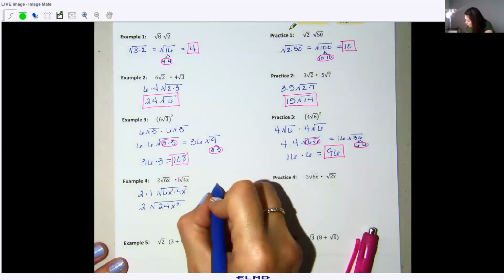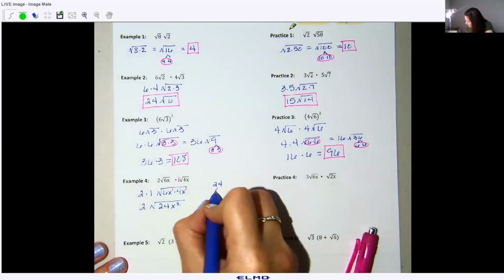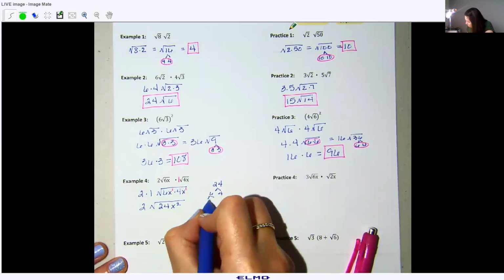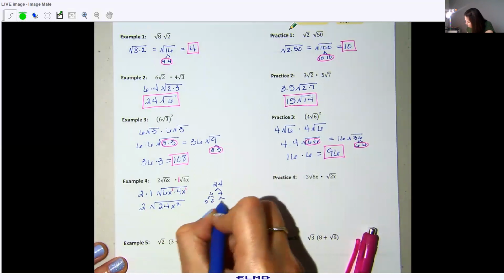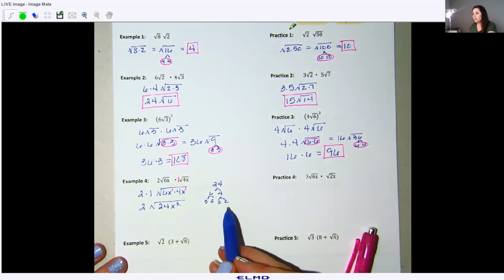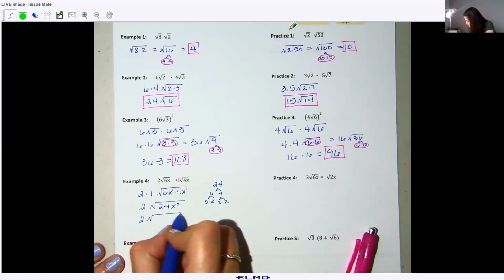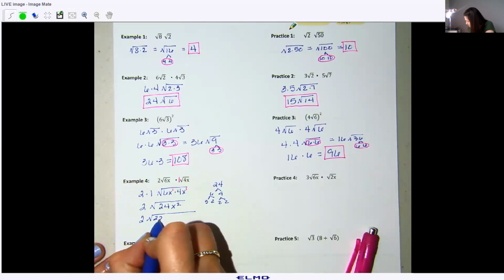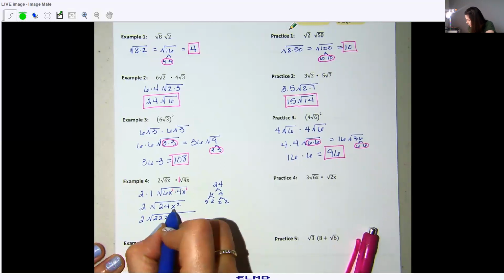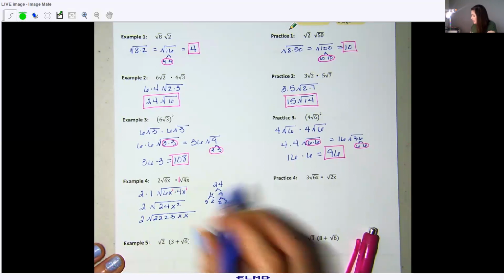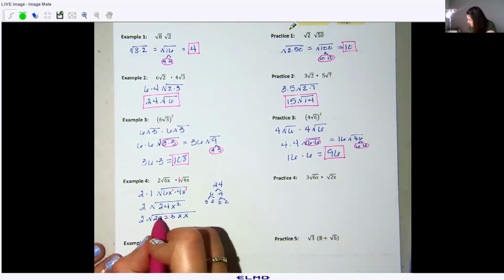So I am going to create a factor tree. Okay, we end up with 3 2s and a 3. And then don't forget your 2 x's. And I'm going to pair those up.